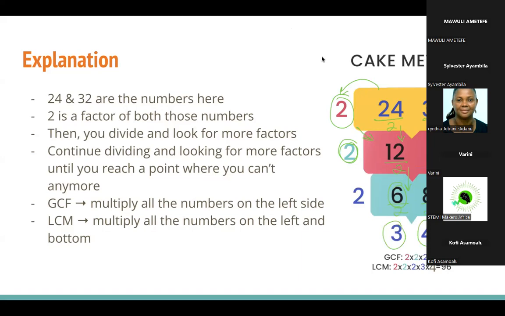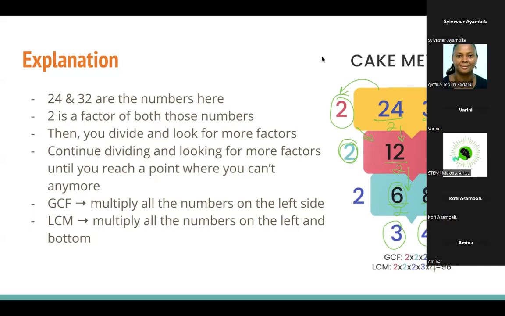So the way this method works is that you just keep dividing by factors until you reach a point where you can't anymore. To get the greatest common factor, you multiply all the numbers on the left, so all of these 2's. So the greatest common factor, the GCF, is equal to 2 times 2 times 2, which gives us 8.